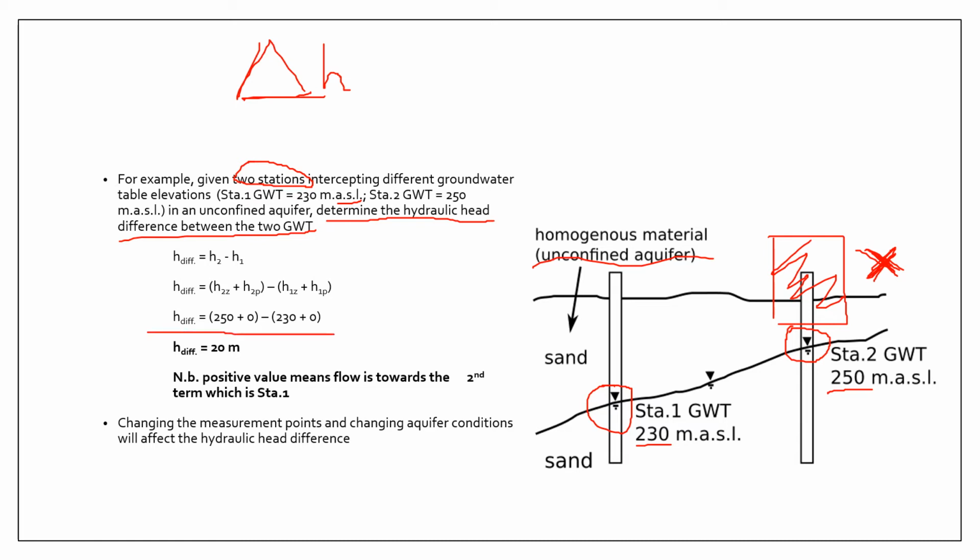Now, looking back, we don't have any source of hydraulic head pressure at these points, because first, it is an unconfined aquifer, so we don't have pressure due to confinement.